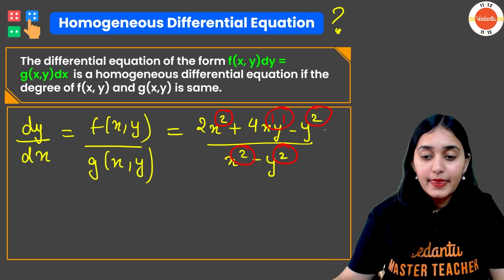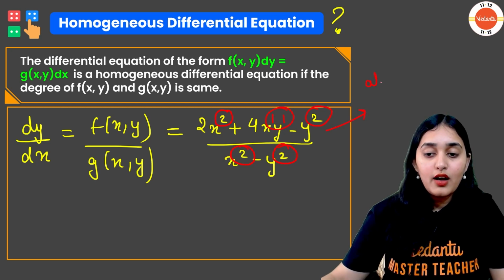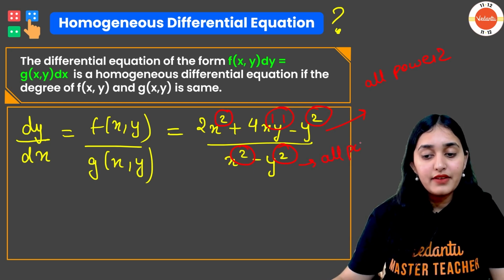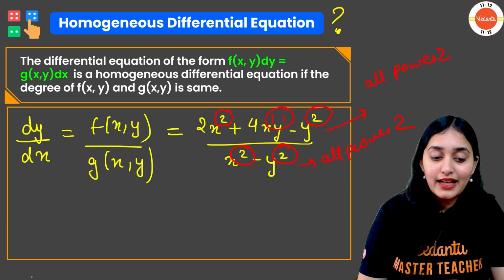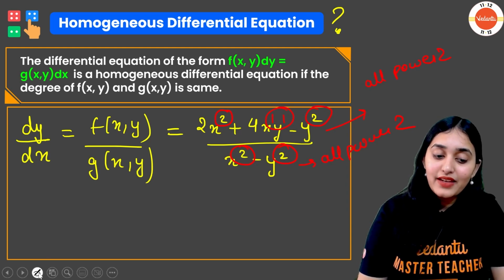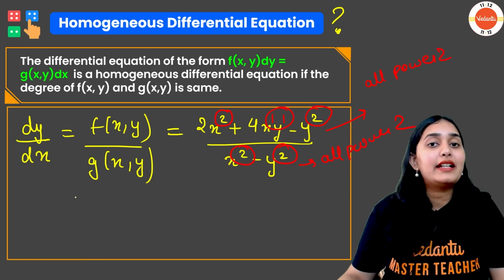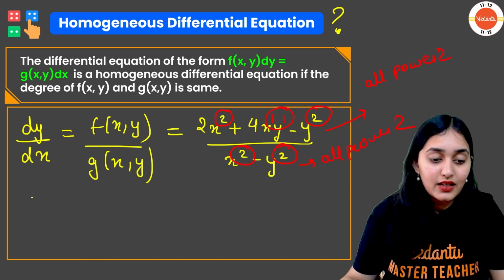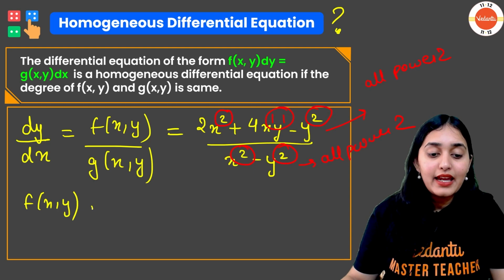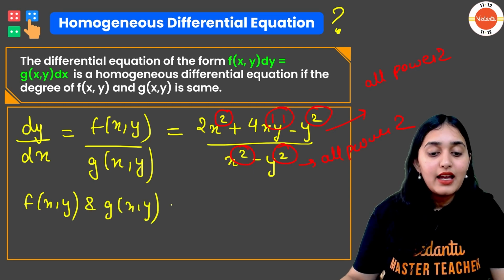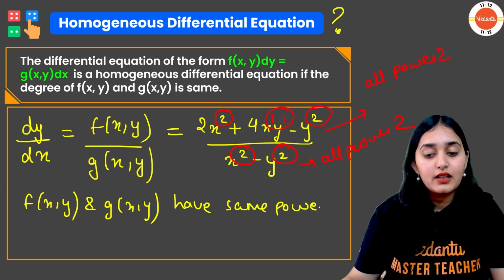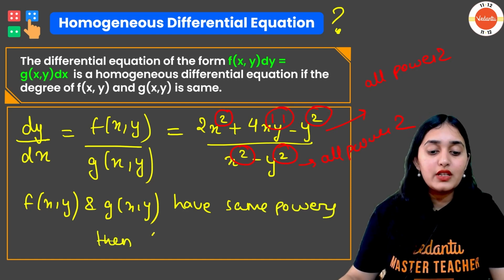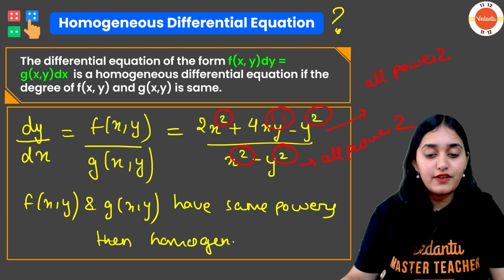Here all power 2, here also all power 2. So if you have a differential equation like this, where everybody has the same power, then you call it a homogeneous differential equation. So f of x, y and g of x, y have the same powers, then it is a homogeneous differential equation.